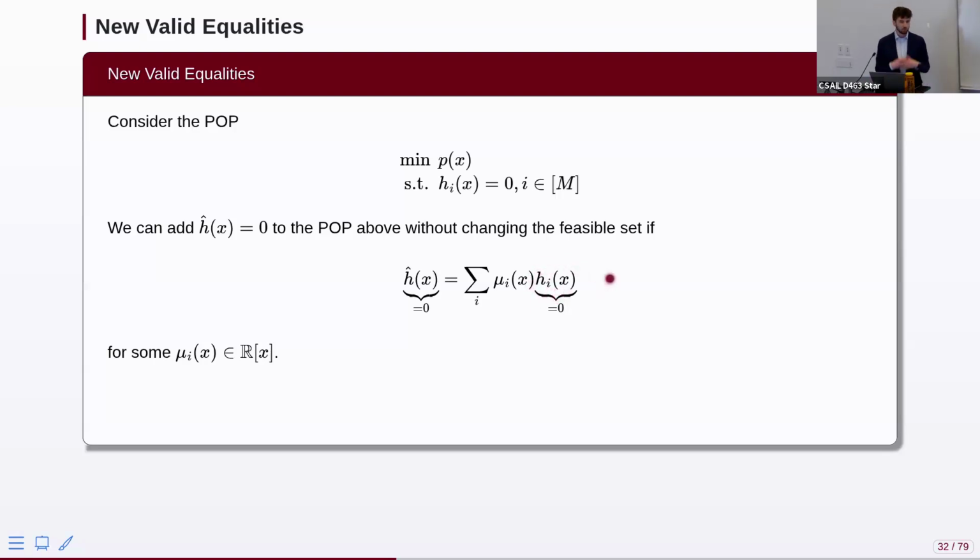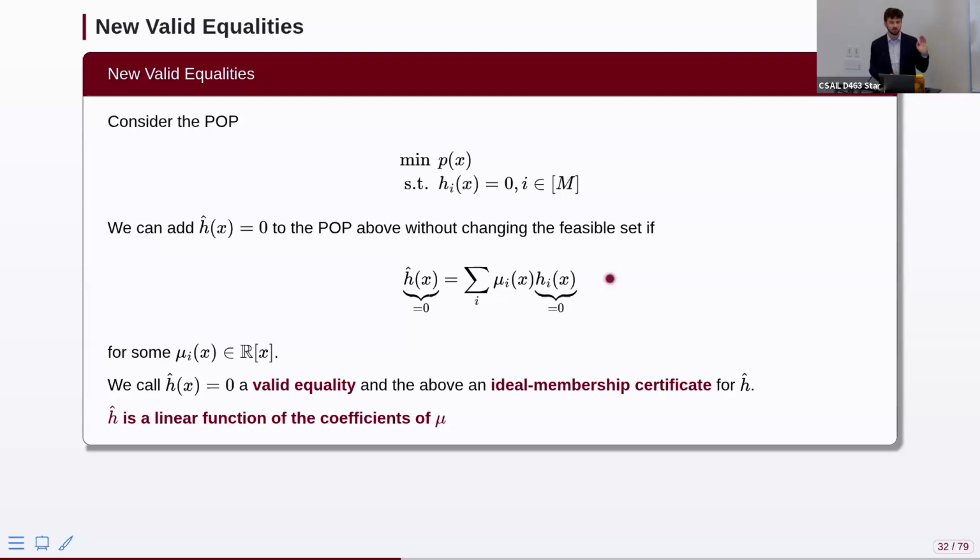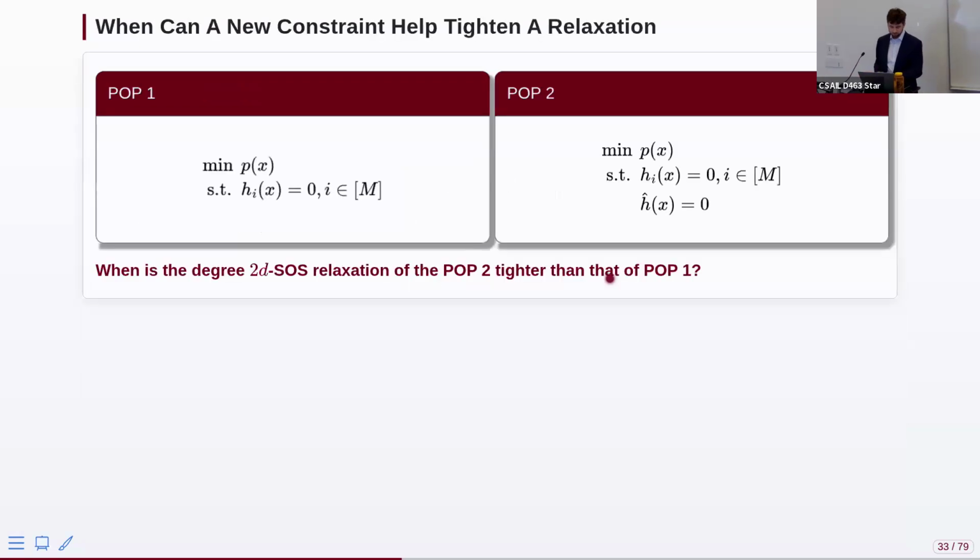So this is a way of parameterizing everything I could add. And so we call ĥ a valid equality. And for those who are algebraically inclined, the thing on the right is the ideal membership certificate for ĥ. And the important thing, if you're not algebraically inclined, is that this is a linear condition. It's a linear function between ĥ and the μ_i's. Okay, so that's just how you find all of the equalities. It's very simple.